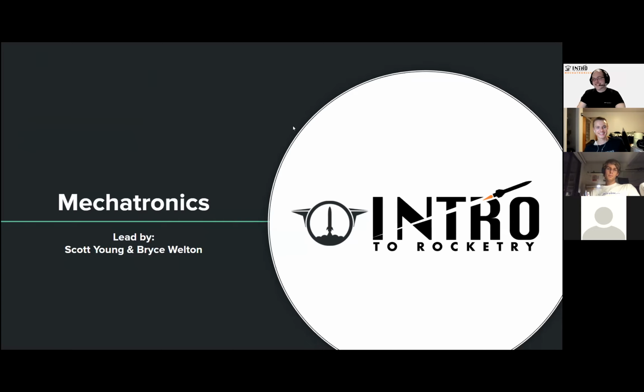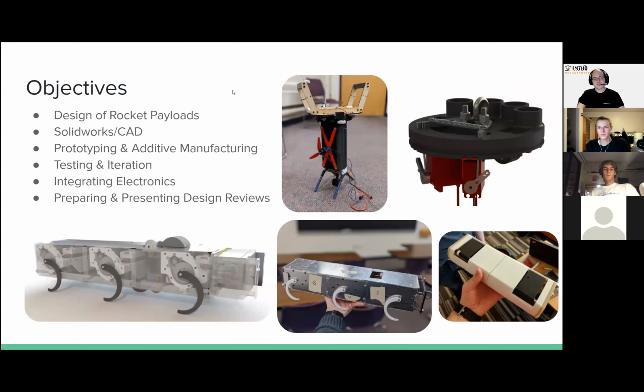So alrighty, this is the mechatronics track, as you guys probably know. I am one of the leads, and then Bryce, who may or may not show up at some point, is the other lead. The objective of the mechatronics track at the end of the day is to design rocket payloads. There's kind of two main areas of mechatronics that the club focuses on. One is payload systems. Payloads, for those of you who don't know, are basically any system that you put inside of a rocket that doesn't really aid the function of a rocket at all.